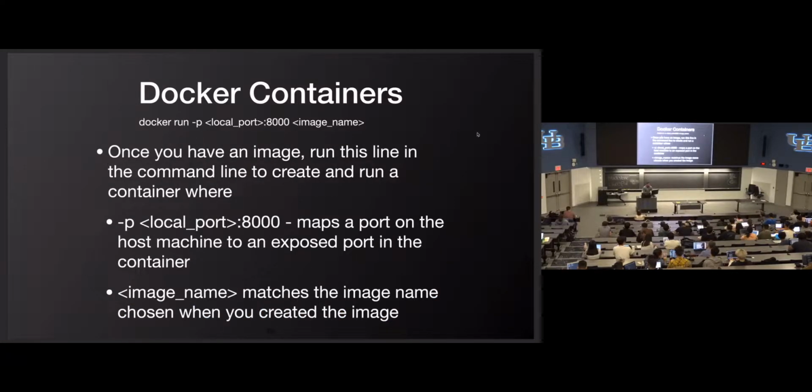To build a container off of an image, we're going to use docker run -p, which stands for publish, then a port mapping. We're going to map a local port on our machine to a port inside the container. And this is where that 8080 versus 8000 question comes in from last time.